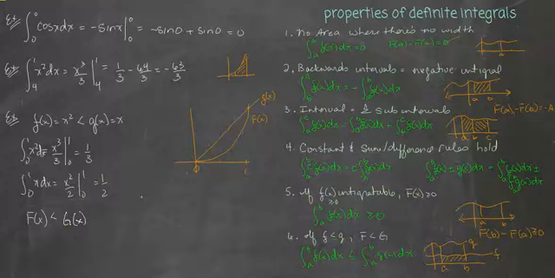And of course, visually, that makes total sense because we're saying that this area in orange is less than this area in purple, and that is clearly true when you look at the picture.